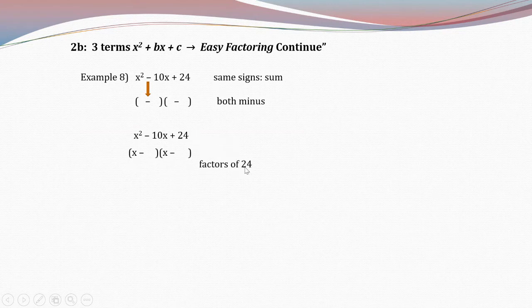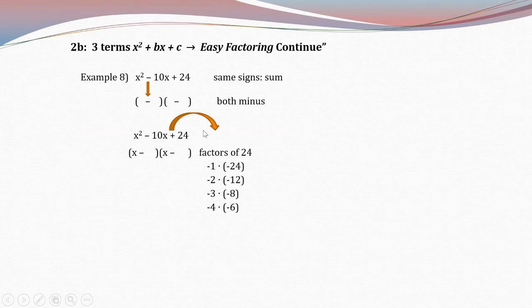How can we get 24? 1 times 24, but this is negative, so what 2 factors will give me 24? Negative 1 times negative 24. Negative 2 times negative 12. Negative 3 times negative 8. Negative 4 times negative 6. And then when you add them, it must give you negative 10.